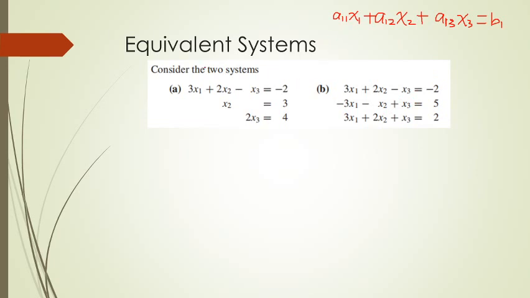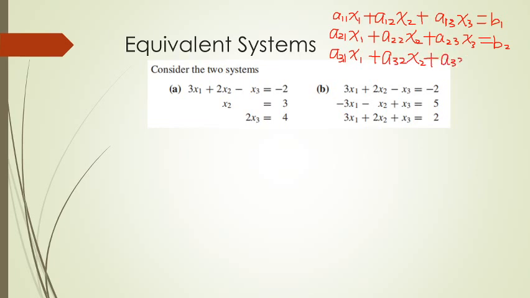Now let's continue here with the 3 by 3 system. A21 x1 plus A22 x2 plus A23 x3 equals B2. A31 x1 plus A32 x2 plus A33 x3 equals B3.